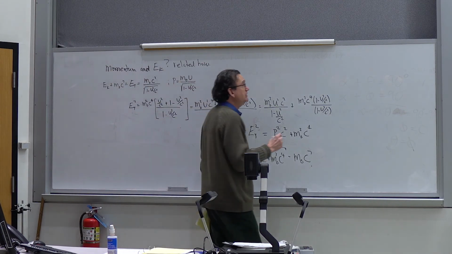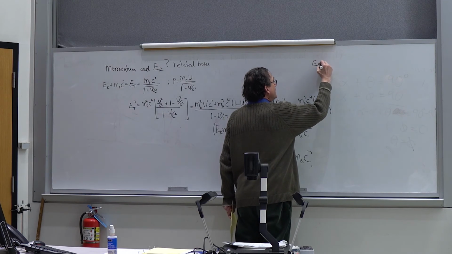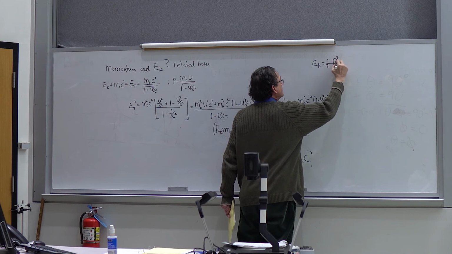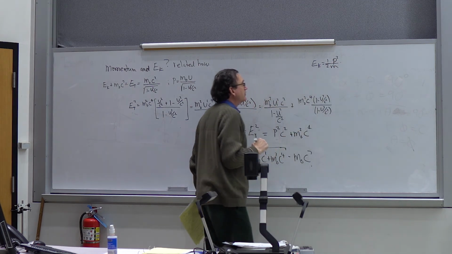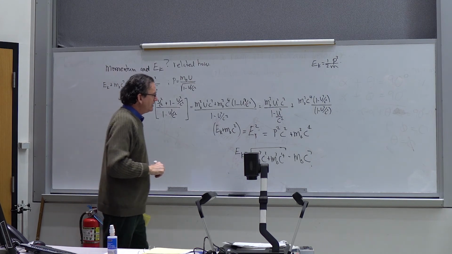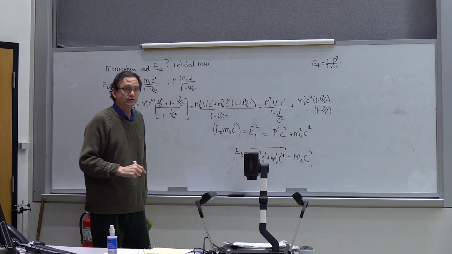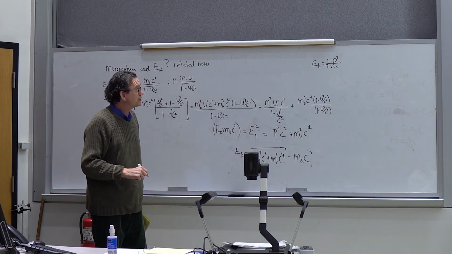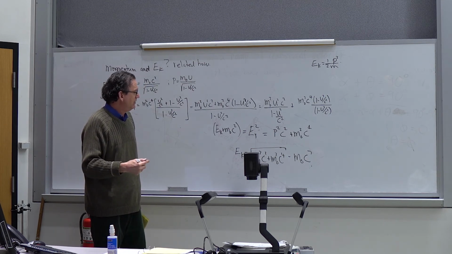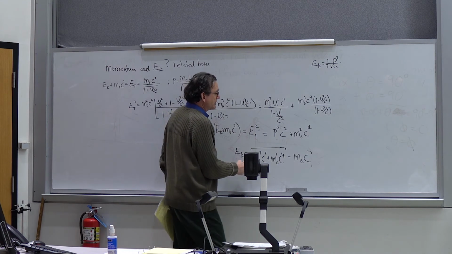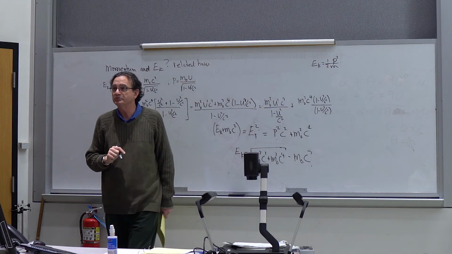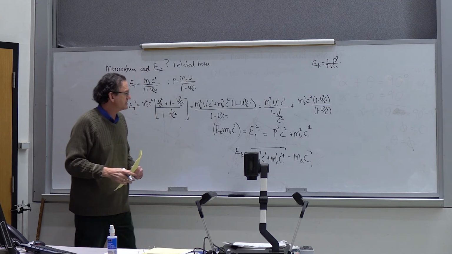Remember, the old relation was that the kinetic energy was equal to p squared over 2m. This is the new relation between energy and momentum. Of course, at low velocities, this equation has to become the same equation, and we have to show that. But this is the relativistic equation.